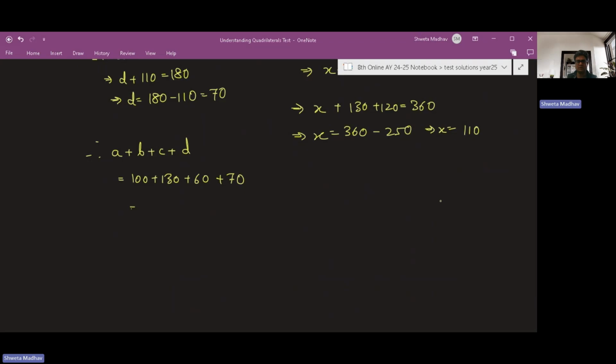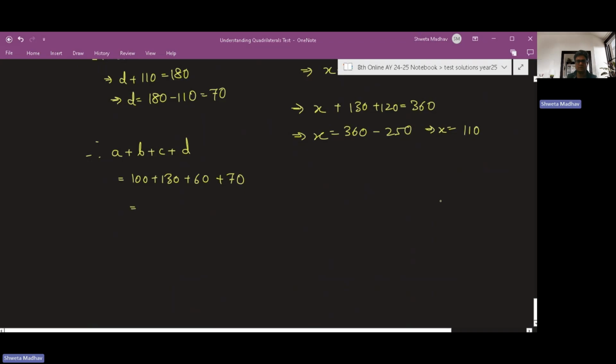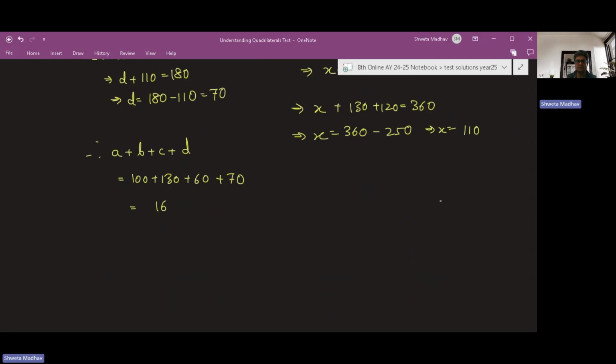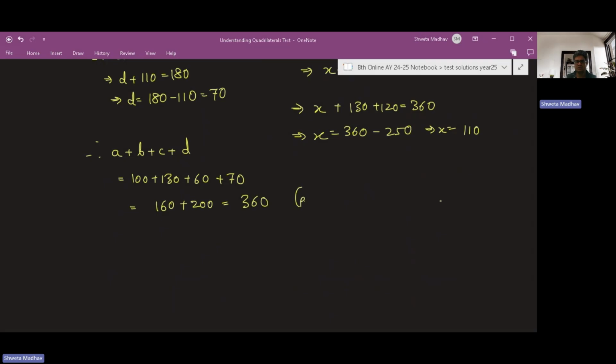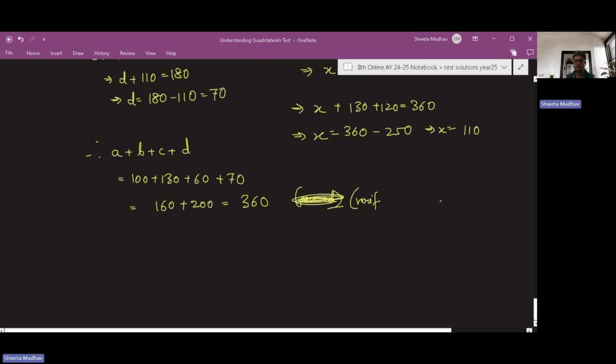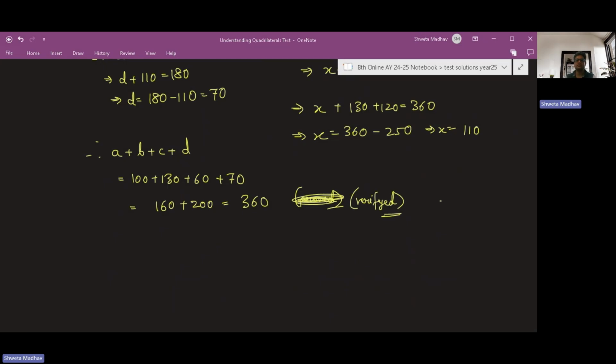So 100 plus 60 is 160, plus 130 plus 70, that is 200. So 200 plus 160 is 360. So hence proved, or I can say hence verified. Since it is asked to verify that the sum of A, B, C, and D is 360.